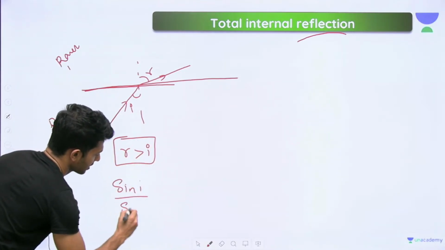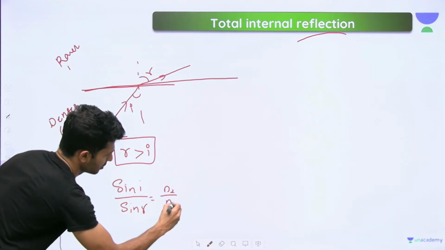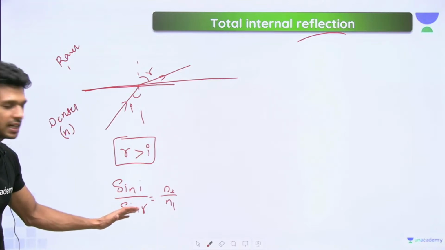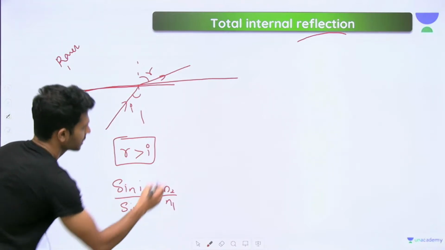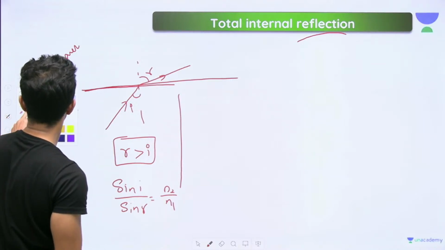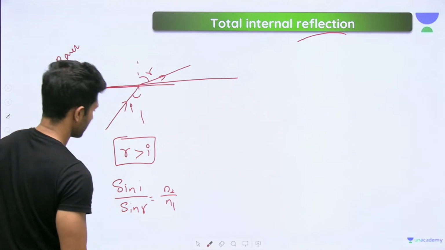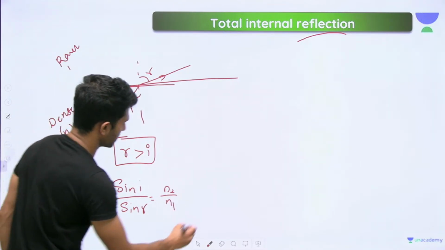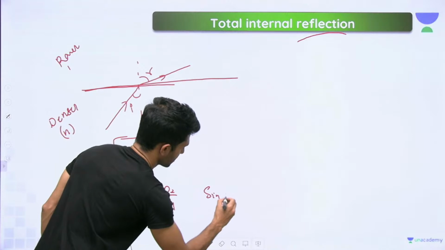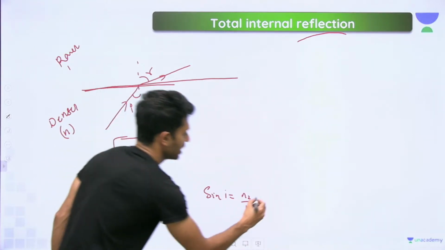Sin i by sin r is equal to refractive index of second medium to refractive index of first medium. Cross multiplying, sin i is equal to n2 by n1, which is a constant, into sin r.